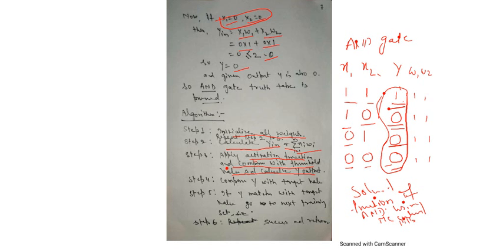Step 4 is to compare y with the target value. We compared and got an exact match. Then step 5: if y matches the target value, go to the next step. For each value here it was matching, so we repeated the same steps for the next set. This is the first set, this is the second, this is the third, and this is the fourth set.